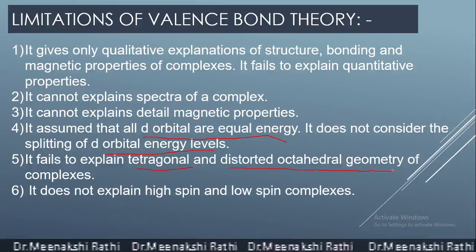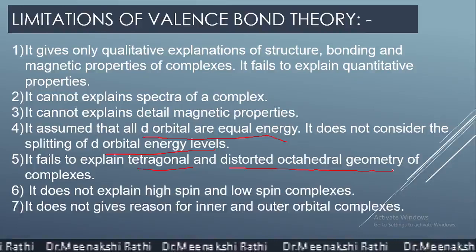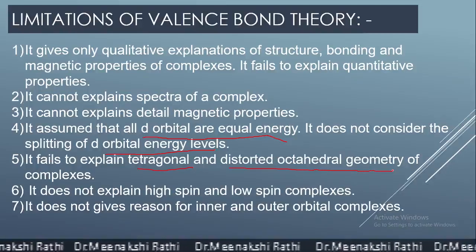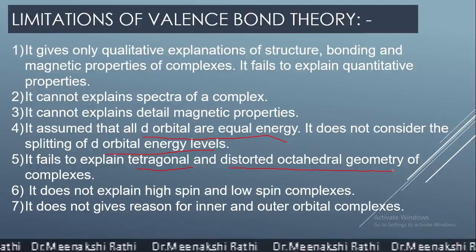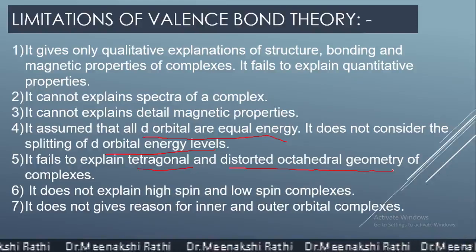It does not explain high spin and low spin complexes, and it does not give a reason for inner and outer orbital complexes. So these are the limitations of valence bond theory.